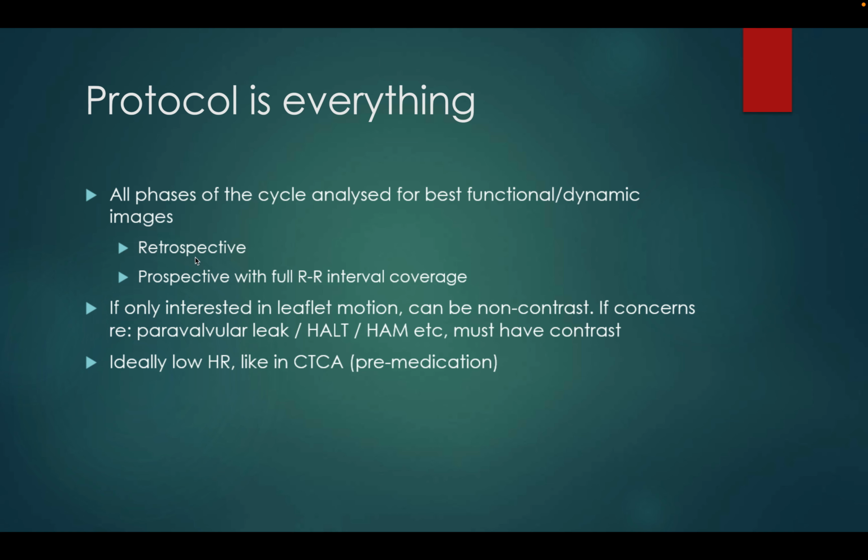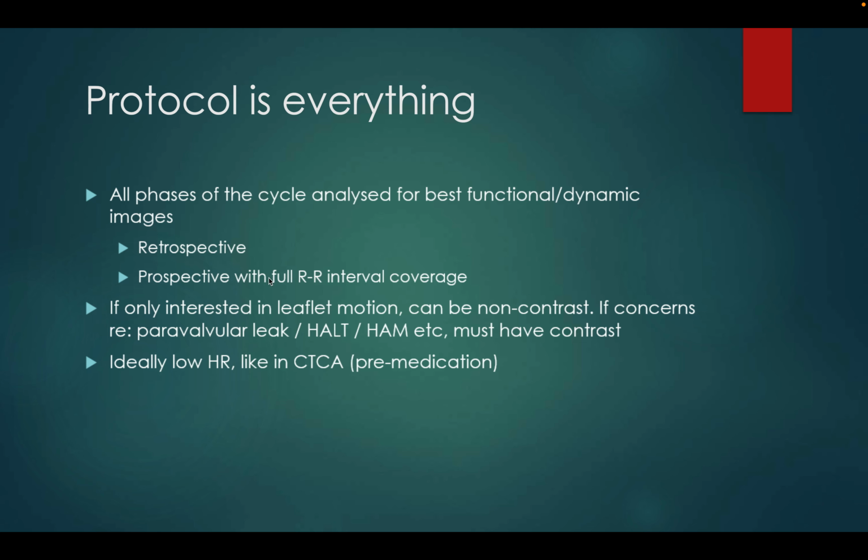It's less than the retrospective, but with prospective acquisition it is advised to use a full RR interval, from 0 to 100, or maybe from 10 to 90, but not less than that, in order to see the full opening and closing of the leaflets.